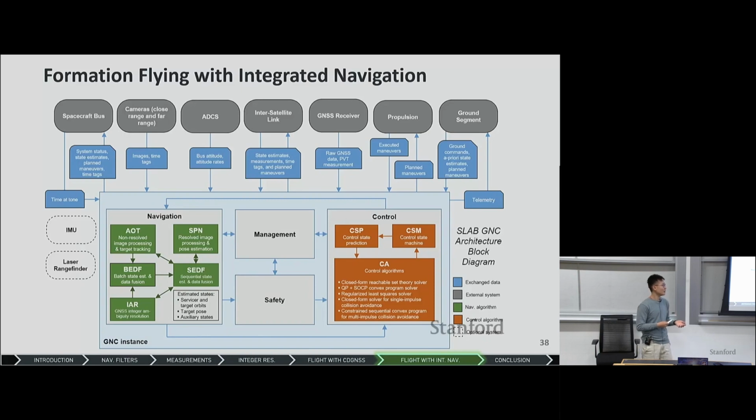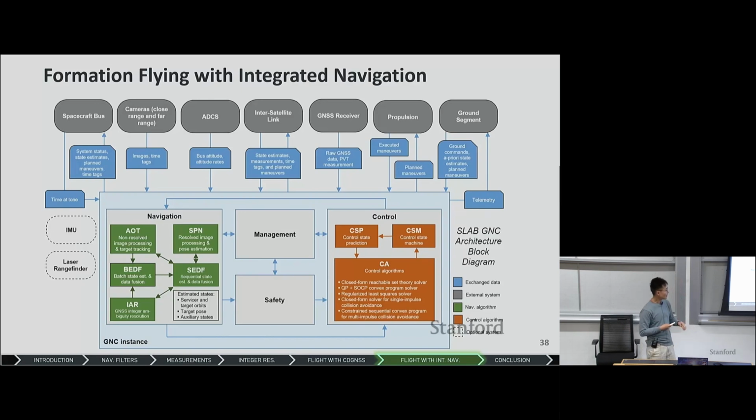Because differential GNSS assumes that your other remote spacecraft is cooperative, that it can communicate its measurements with you. Operationally, that is not guaranteed. But one thing for sure is that if you can see a spacecraft within the field of view of your camera, it matters not whether it is a communicatable spacecraft or not. So by fusing angles-only, range measurements, and differential GNSS, you're actually widening the scope of operations that your flight software can handle.